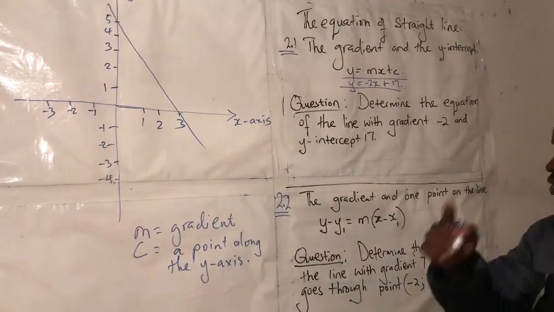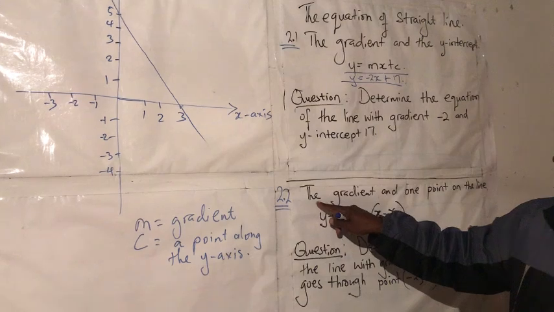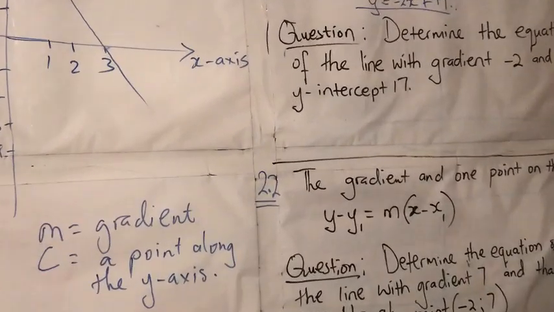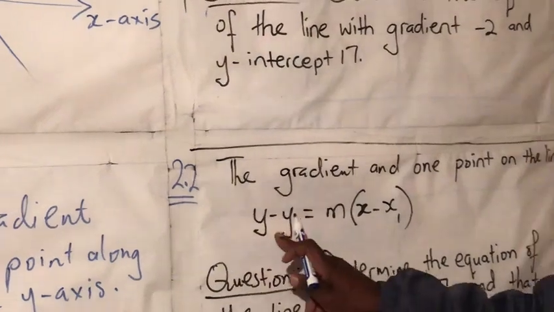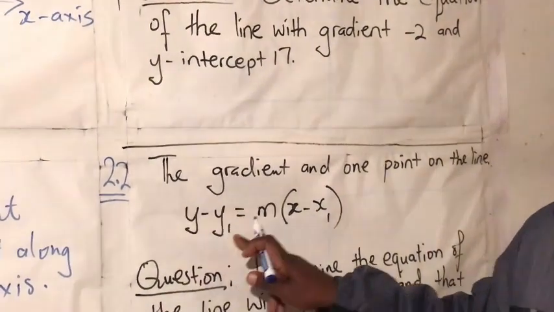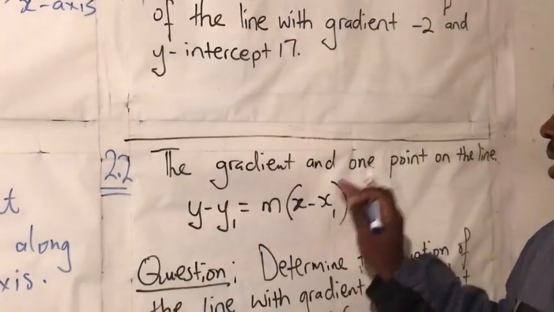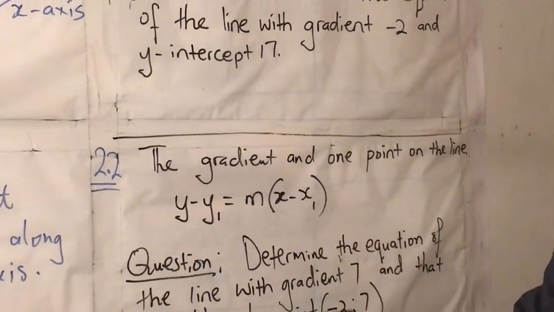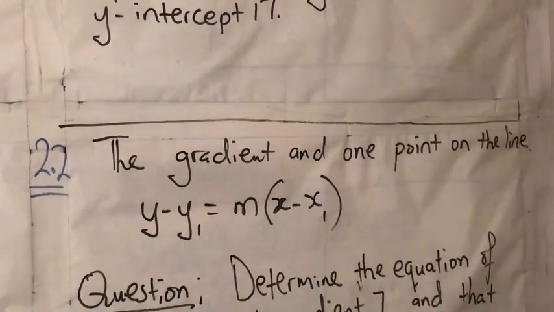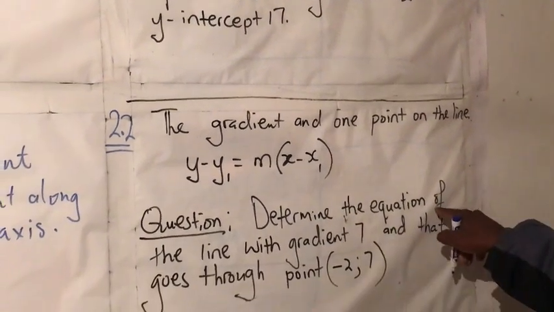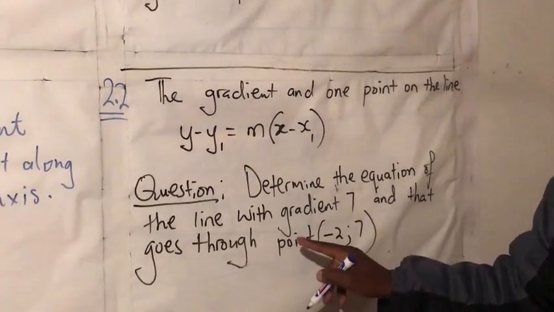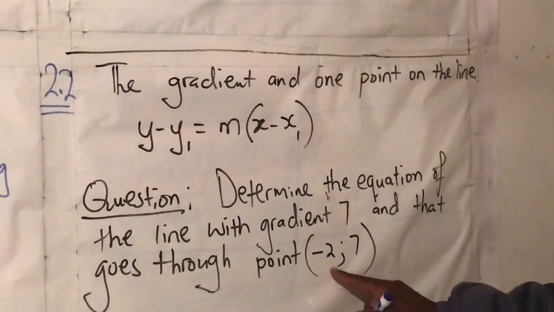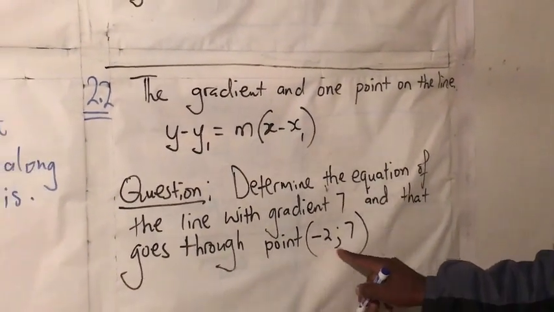Then we have another concept on the gradient and one point on the line. That one is given by y minus y1 equals m open x minus x1. Right. A question on that concept is determine the equation of the line with the gradient 7, and that goes through the point -2 and 7.